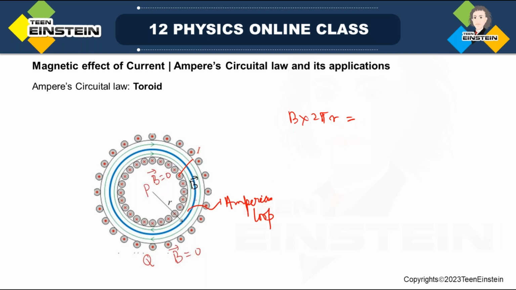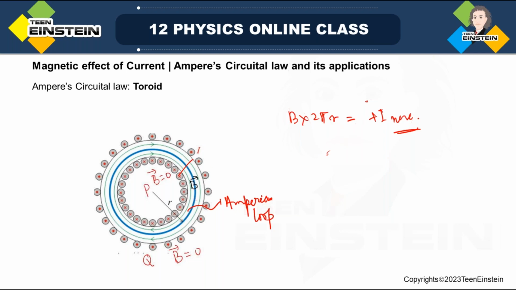So look, this Ampere loop is only enclosing the positive charge. This current is going into the plane of the paper.